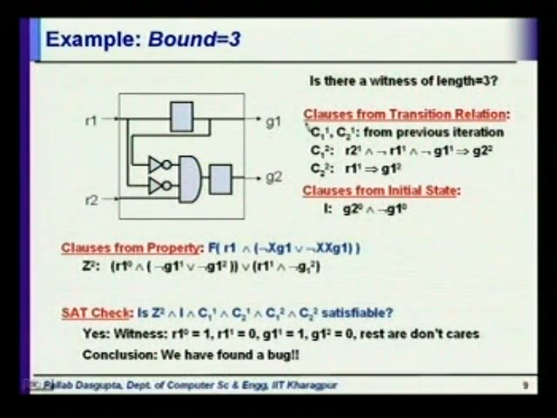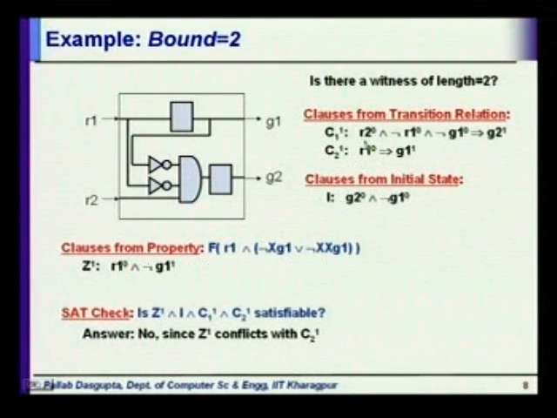Again, we build clauses from the transition relation. So C11 and C21 are borrowed from the previous iteration, we already have them. C12 says that if in cycle 1 R2 1 and not R1 1 and not G1 1, then in cycle 2 G2. So it's the same as before.